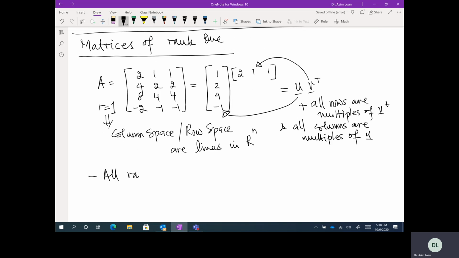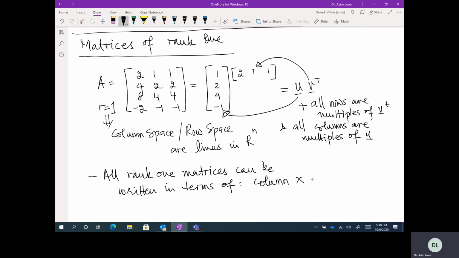All rank 1 matrices can be written in terms of a column vector times a row vector.